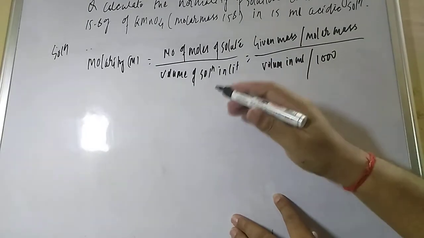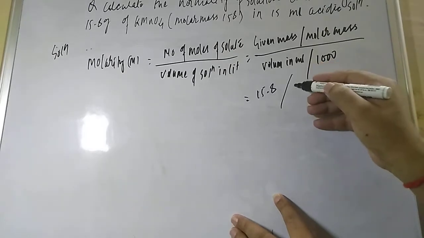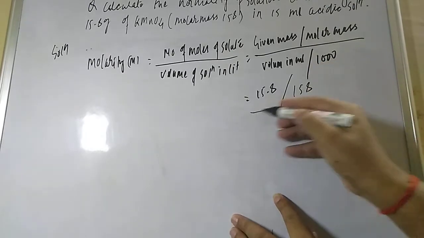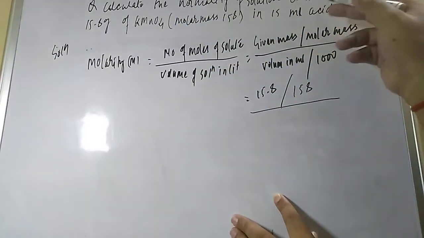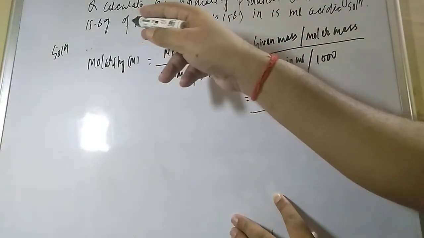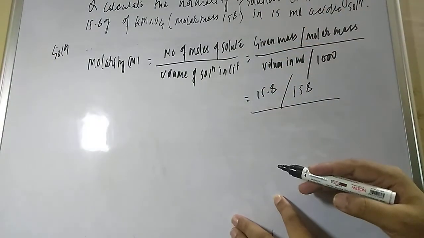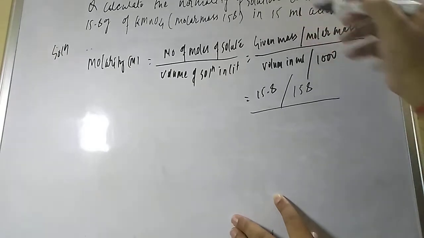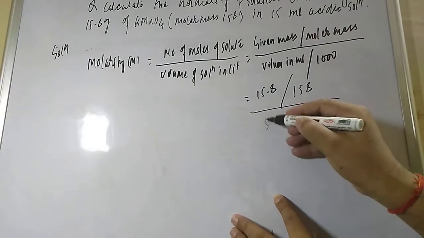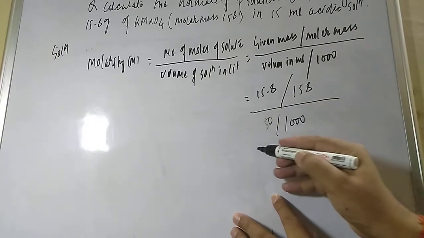The given mass is 15.8, student. Molar mass is 158. How much volume have they given? Calculate the normality of solution containing 15.8 gram of KMnO4 in 50 ml, not 15 ml, student. It is the 50 ml acidic solution. Since it is in ml, we divide by 1000.